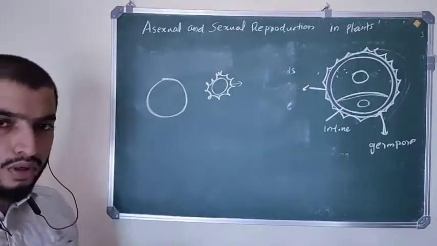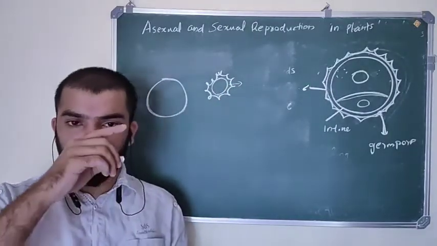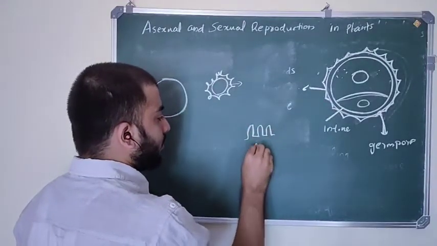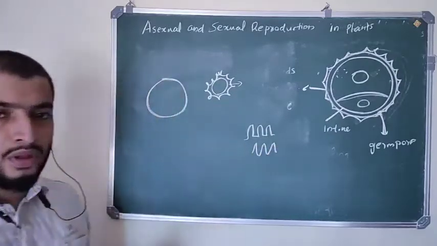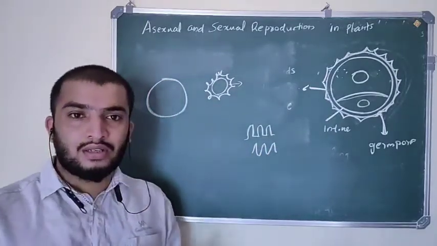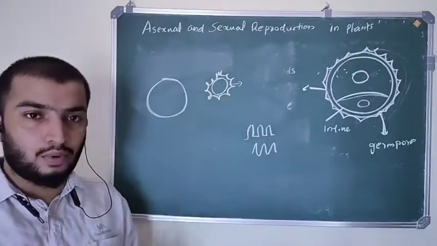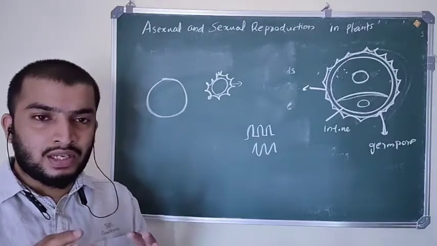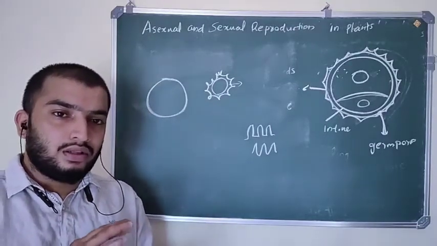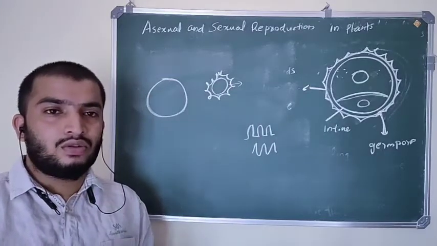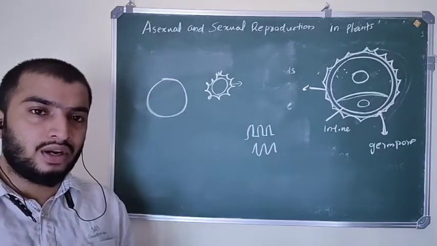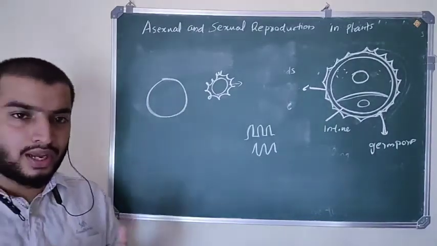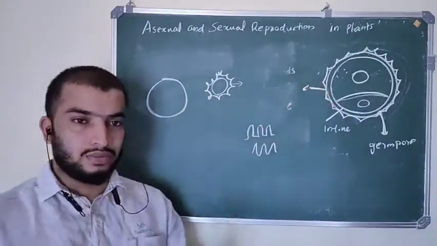They may be rod-like, wave-like or groove-like, or various other patterns. Based on these various sculpturing patterns on the exine, we can identify and also classify the plants. So the pollen exine may be smooth or sculptured.